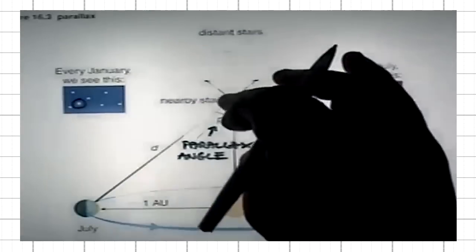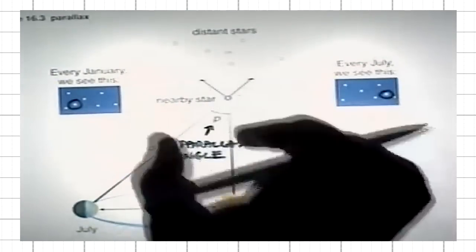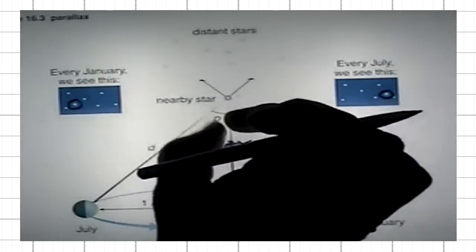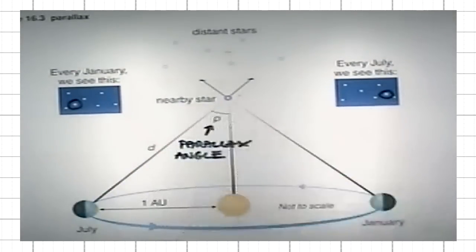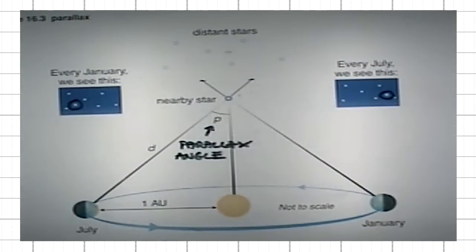As the distance of a star increases, this triangle gets kind of skinnier. That is, this parallax angle gets smaller, and it's actually quite small. Even for the stars that are closest to us, it is less than 1 second of arc.